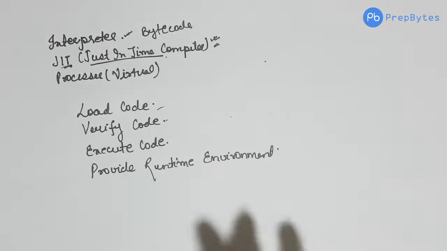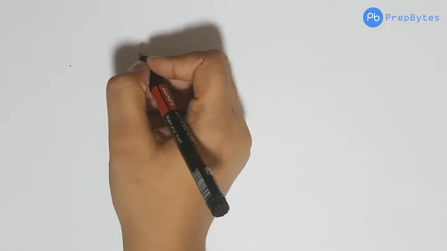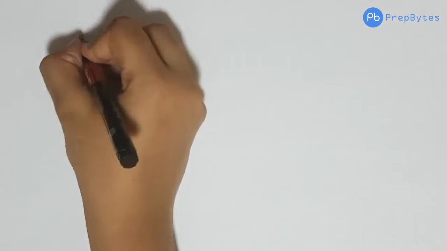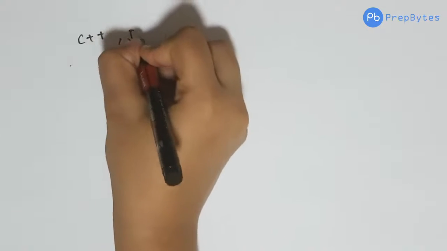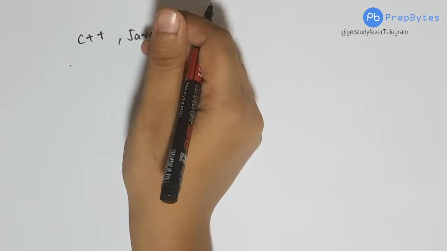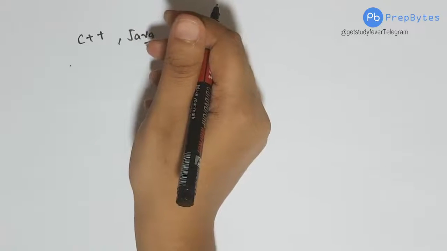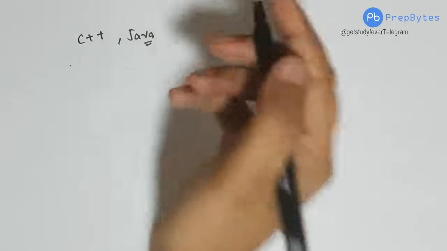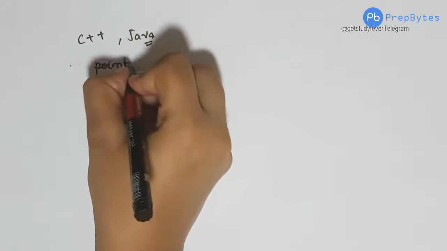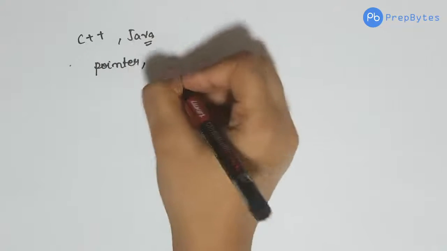Now next, let's discuss a very important question. Another very important question that we have during interviews is, what is the difference between C++ and Java? Because as we know, both of them are object-oriented languages. We have discussed some of these differences before also. C++ has the concept of pointers, whereas we don't have pointers in Java.